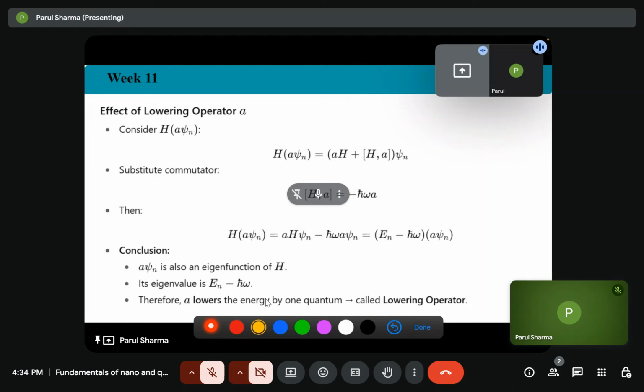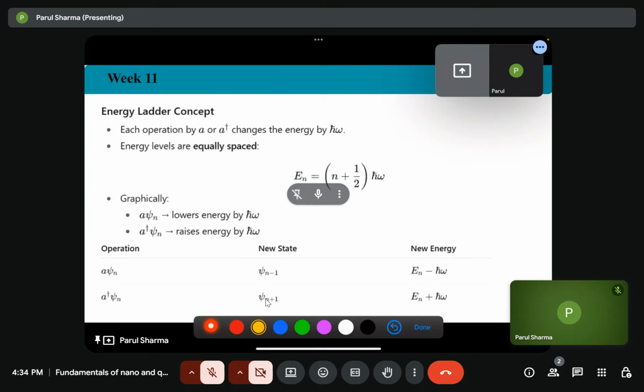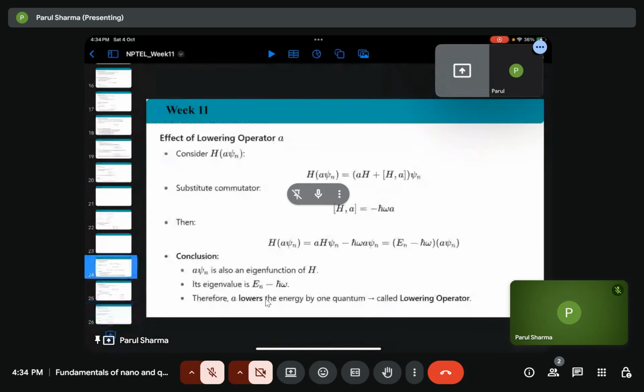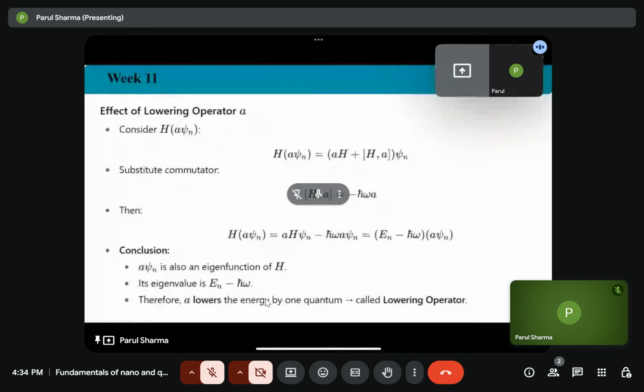So we saw that we want to find out the eigenvalue equation.